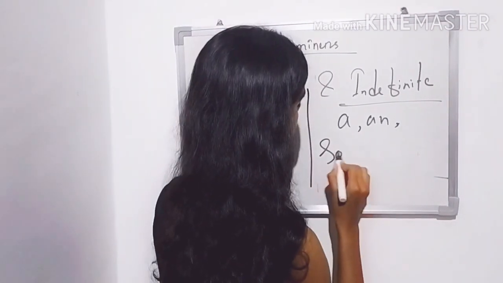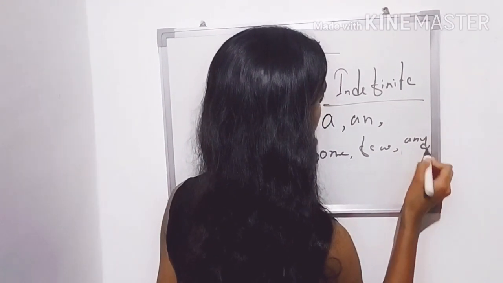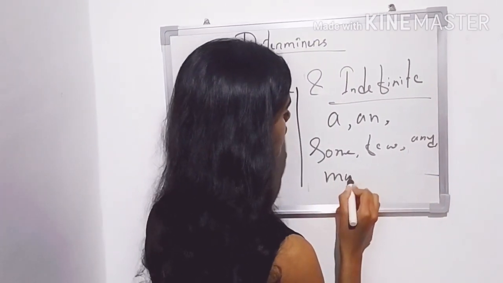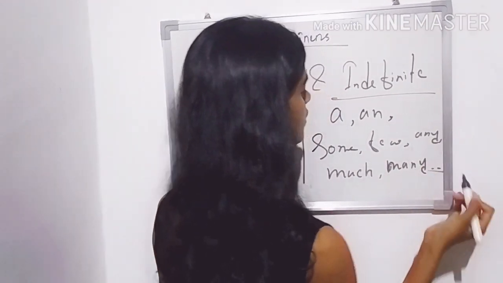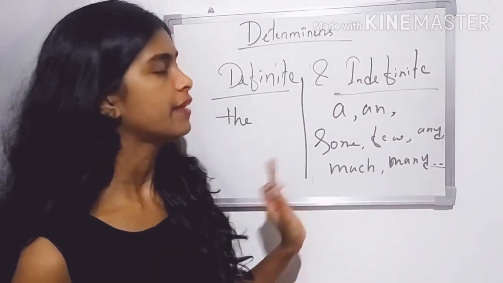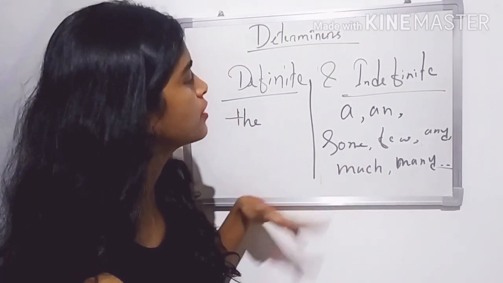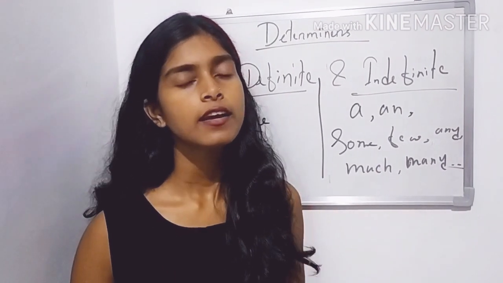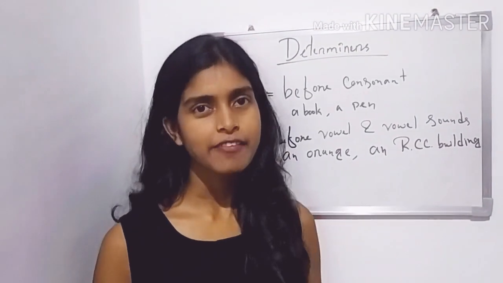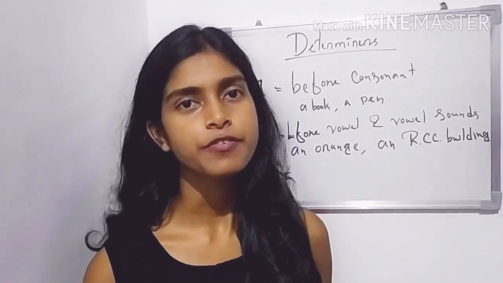So we have some, few, any, much, many, and these are our indefinite determiners, because if we say some or many, then we are not making anything specific. As I have already told you, my target audience are mostly the students of 11th and 12th.